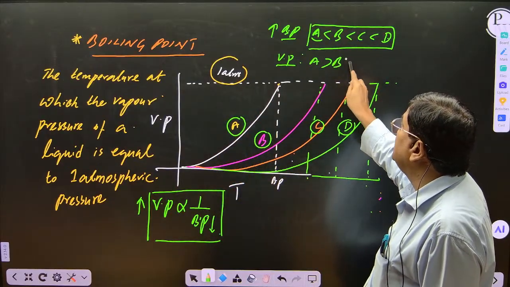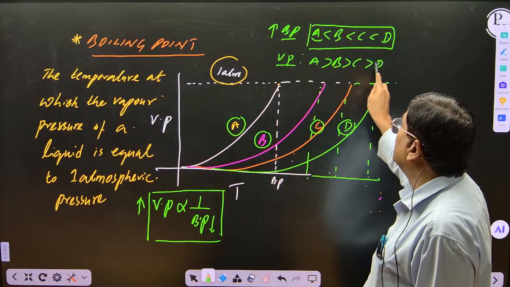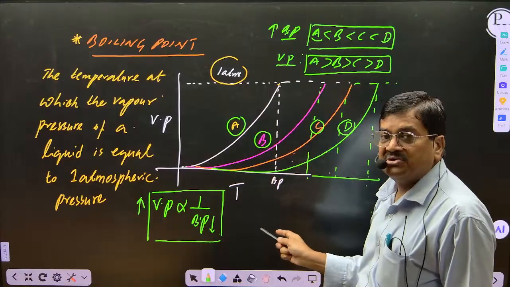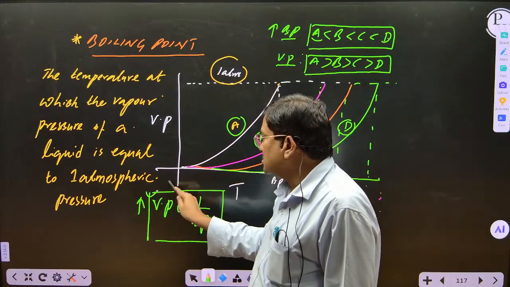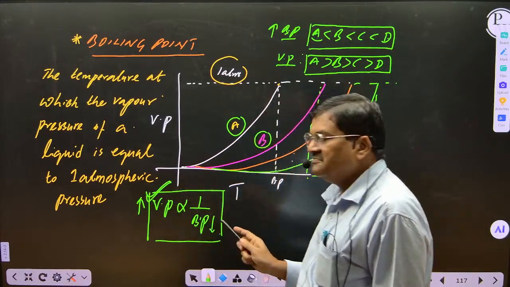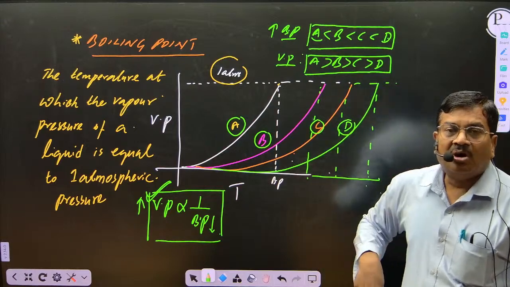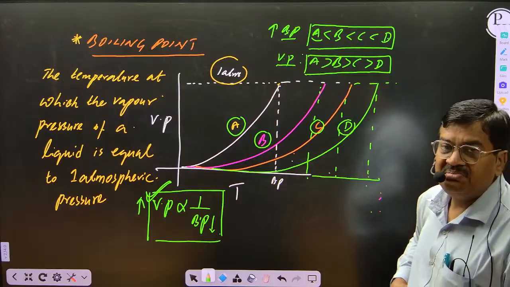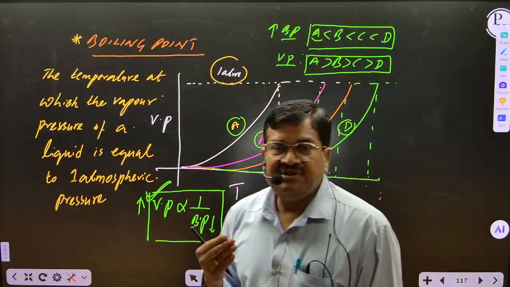So A has the most vapor pressure, then comes B, then C, then D. In exam, conceptual questions can be asked in the graphical approach. This point is important, so keep it in mind: vapor pressure is inversely proportional to boiling point. More is the vapor pressure of a liquid, lesser will be the boiling point.